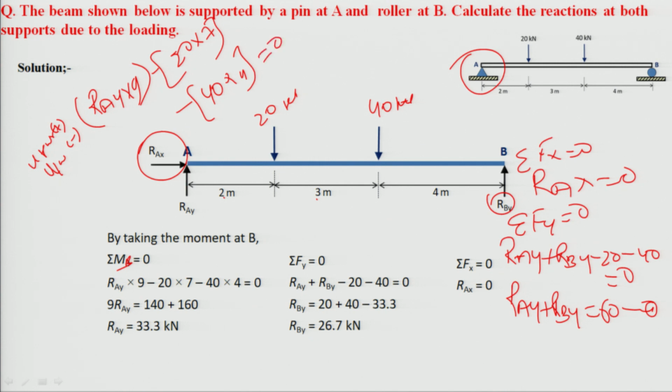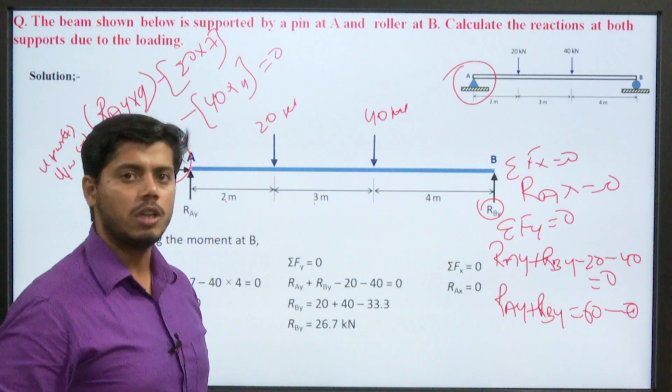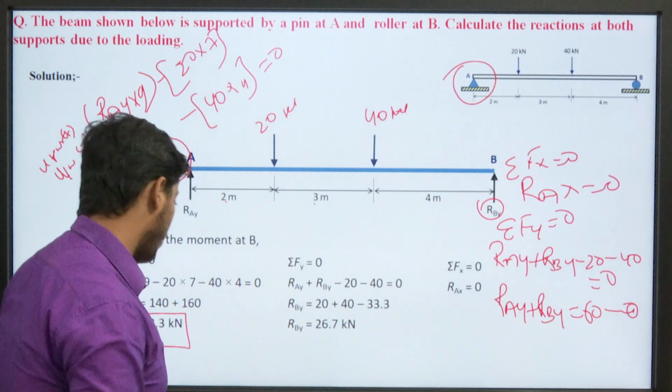So, after solving this equation, R A Y into 9 minus 20 into 7 minus 40 into 4, we are getting R A Y equal to 33.3 kilonewton.